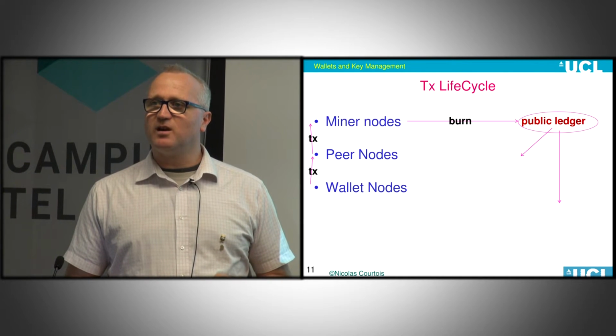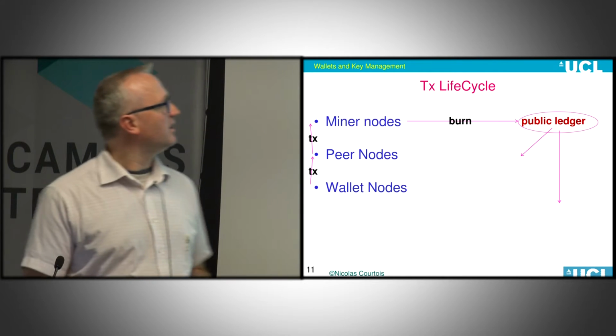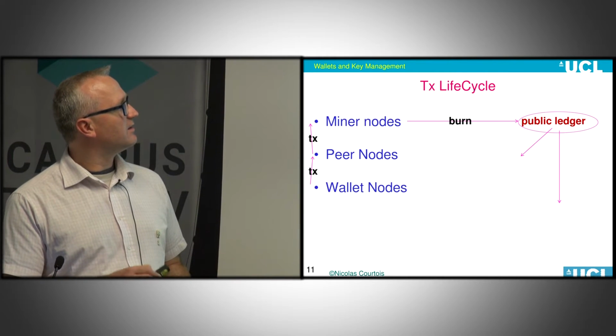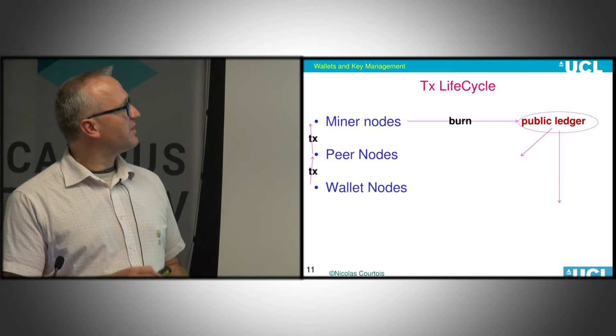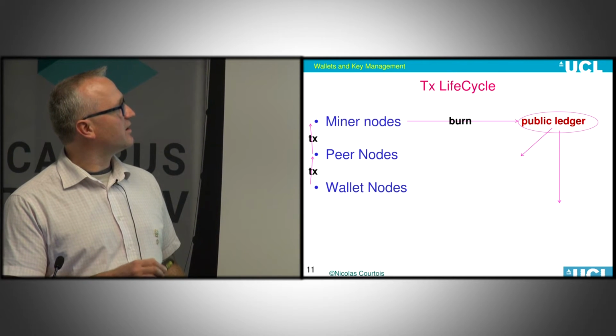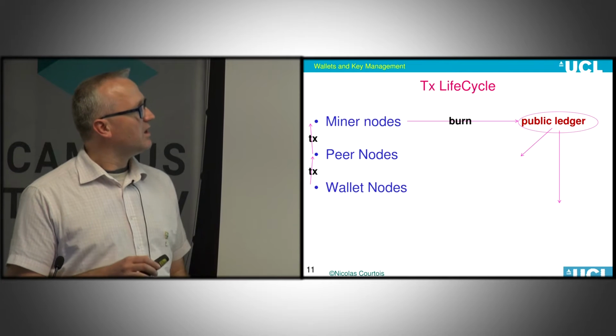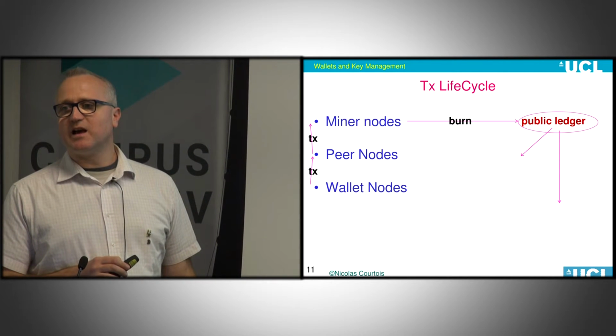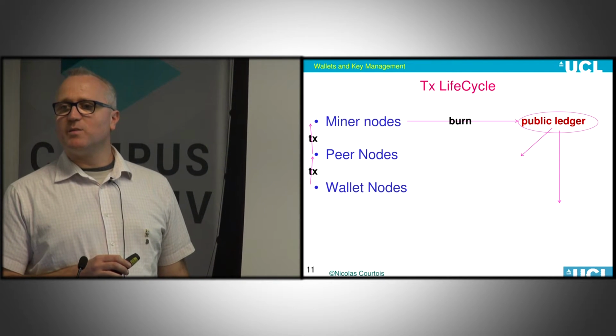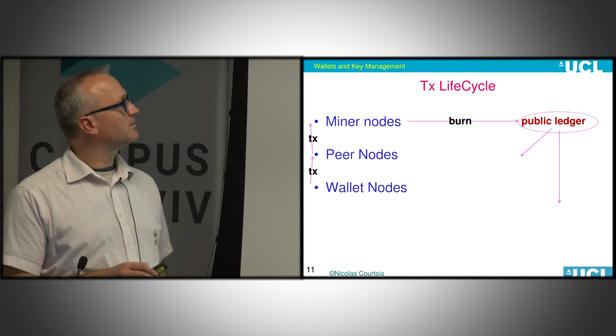But actually in Bitcoin you have three sorts of very different entities. You have wallet nodes. They have private keys and they create transactions. They originate here. Currently there are maybe 250,000 really active wallet nodes.